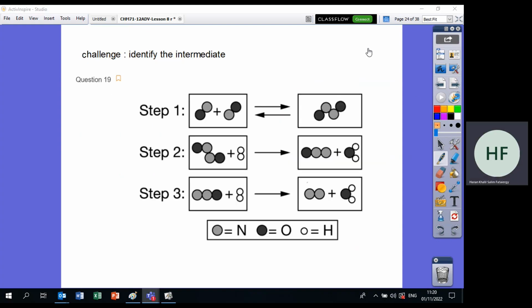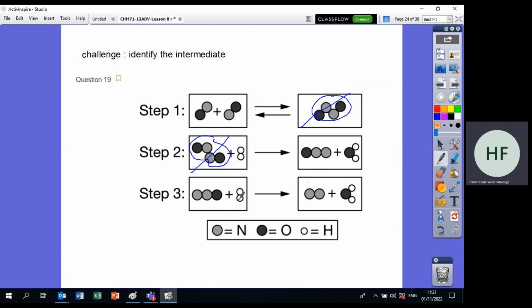Now identify the intermediate. This is a bit difficult because here there are no letters written, but you just have to see the reactants. This is step 1, this is step 2, and this is step 3. Intermediates are similar things. Notice that this one is the same as this one, so this will be cancelled.